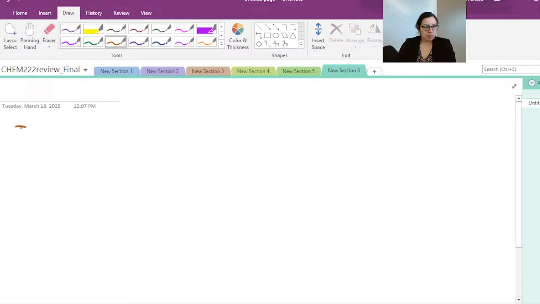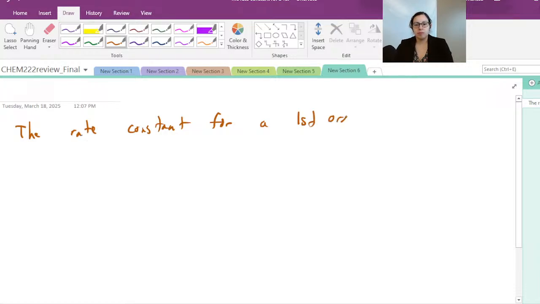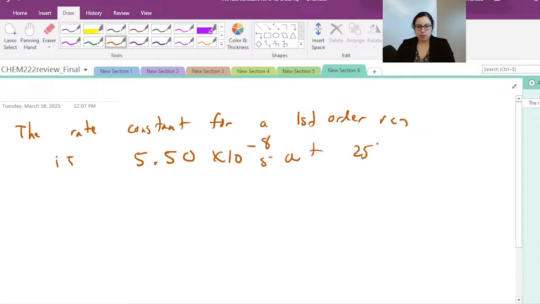So we have the rate constant for a first order reaction is 5.5 times 10 to the negative 8 at 25 degrees Celsius.